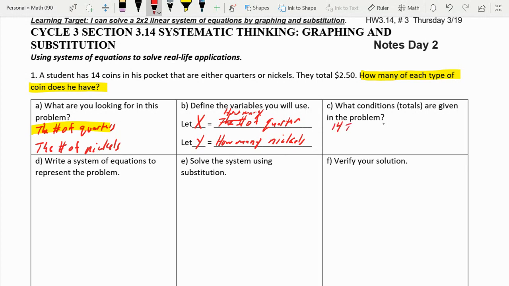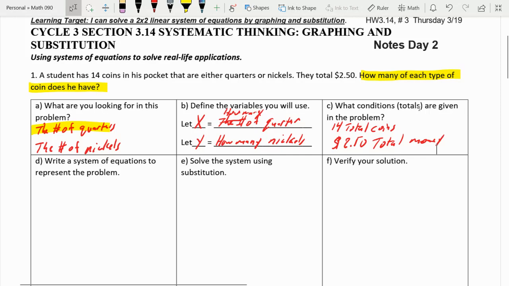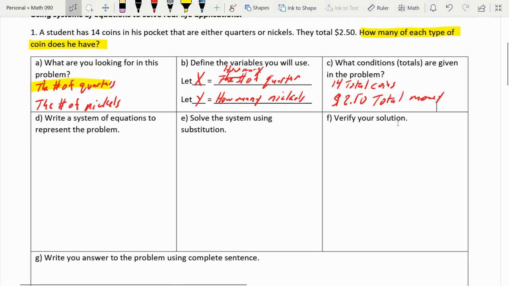There are 14 total coins. And what other total is there? There's $2.50 total, so the total amount of money. And that's going to help us when we have to come up with part D, the equations ourselves. That's going to help us out a whole lot.